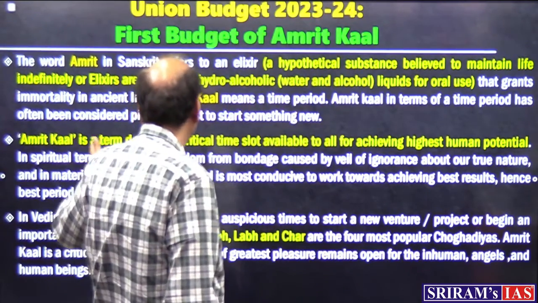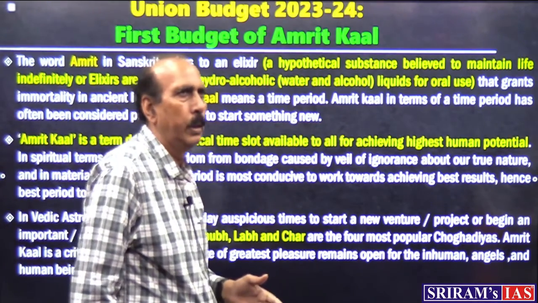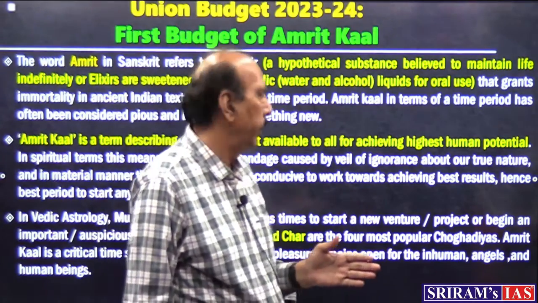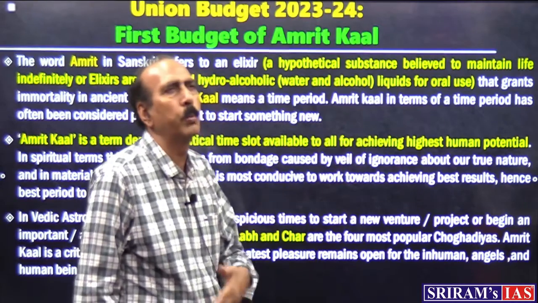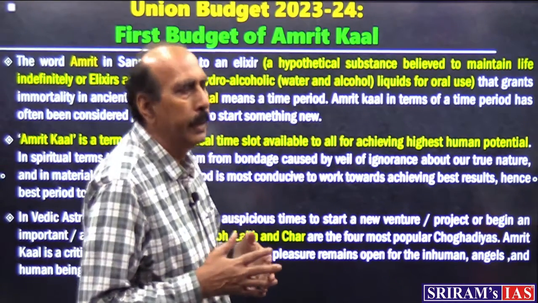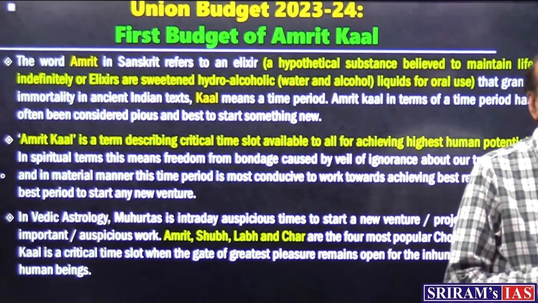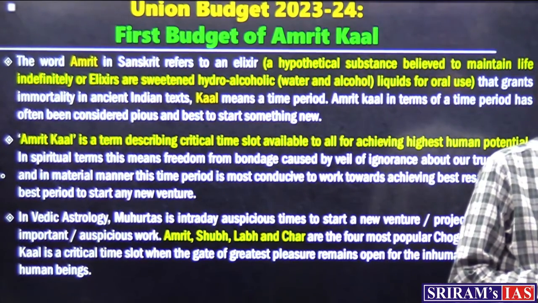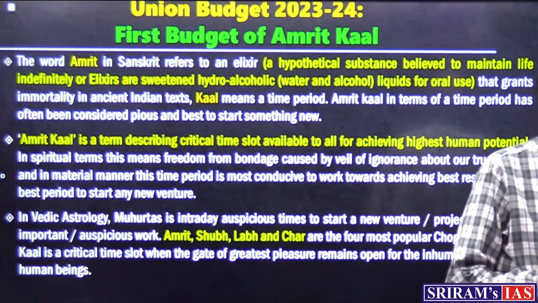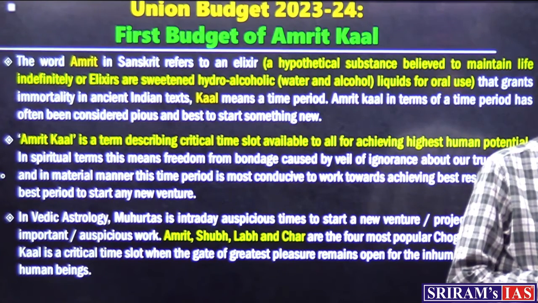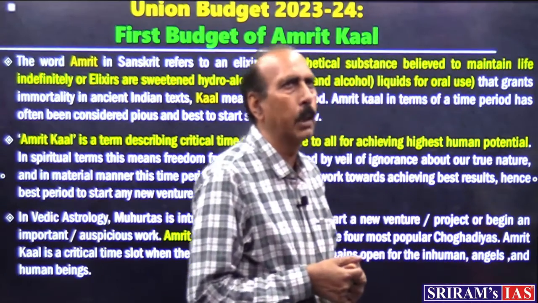They said that Amrit Kal is a term describing the critical time slot, 25 years, available to all for achieving their highest human potential. It means in the next 25 years, we shall try to use each section's and each person's maximum potential, and therefore this period they call Amrit Kal.